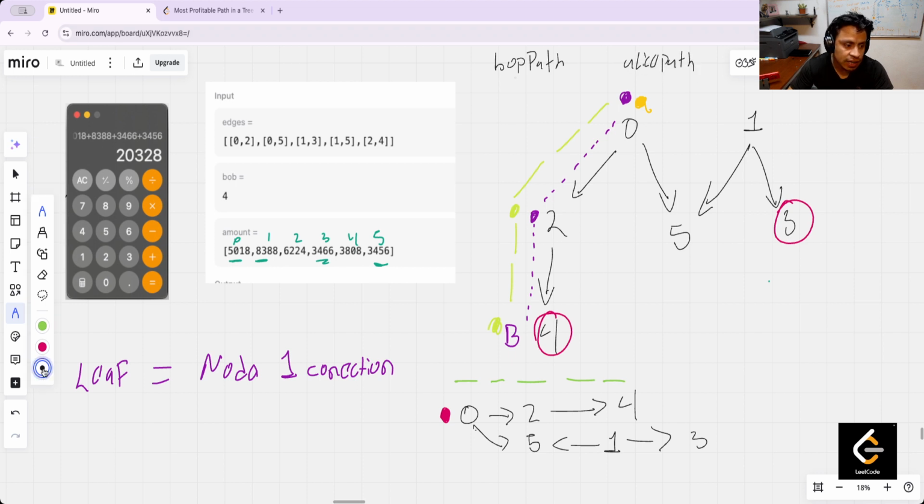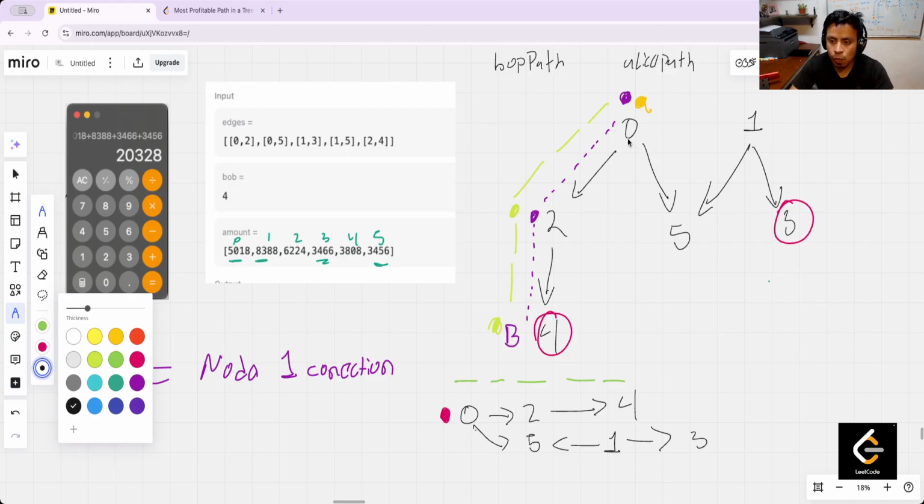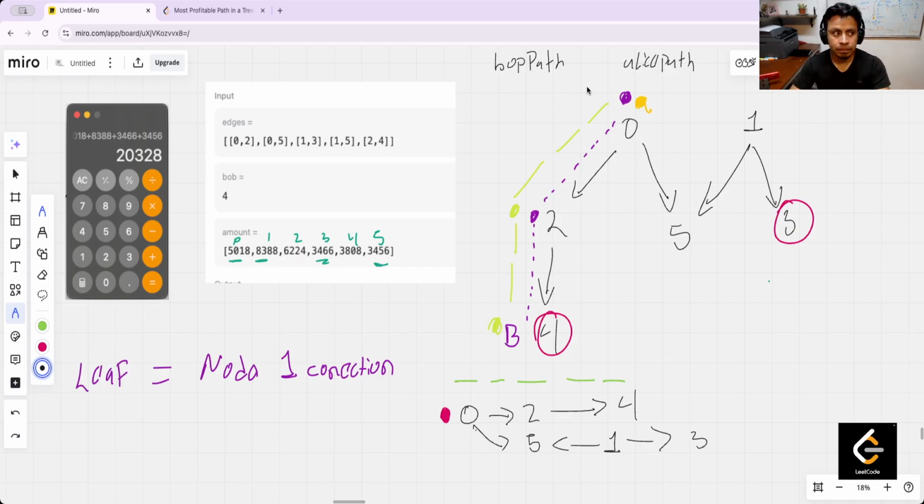In essence, the Bob path only adds the values of the nodes where I know that Bob crosses at one moment.